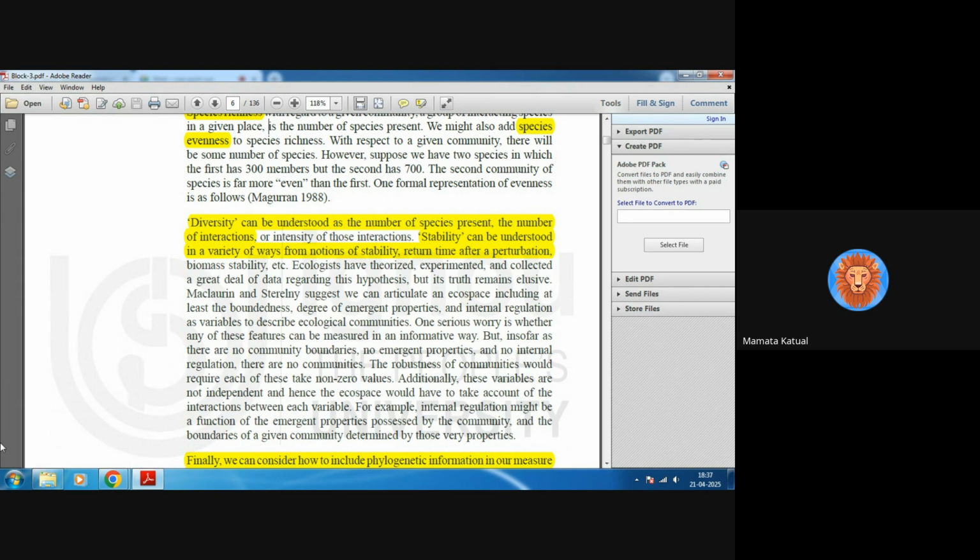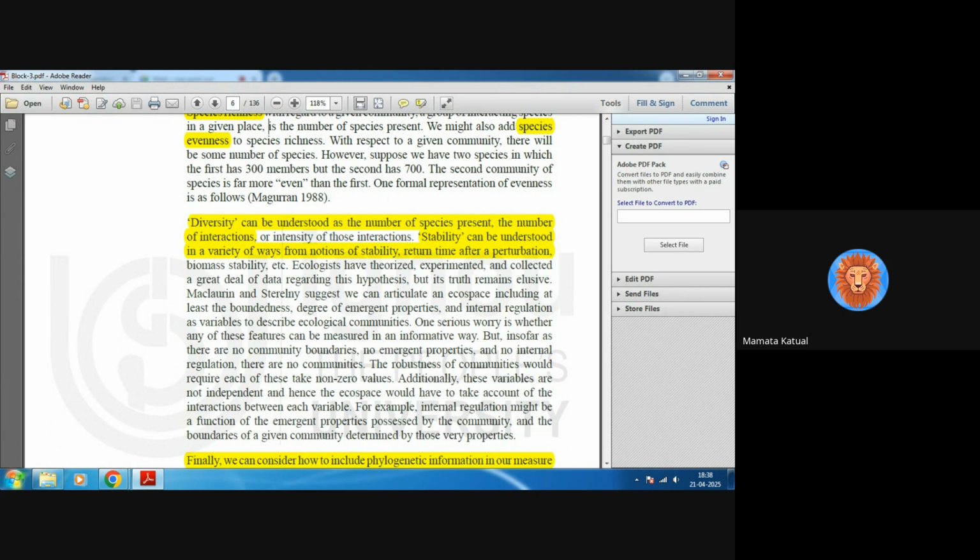For example, if there is a wildfire in a forest, so there is a fire. This is a disturbance, and many organisms will die. But after that it will take some time to return to its original state.